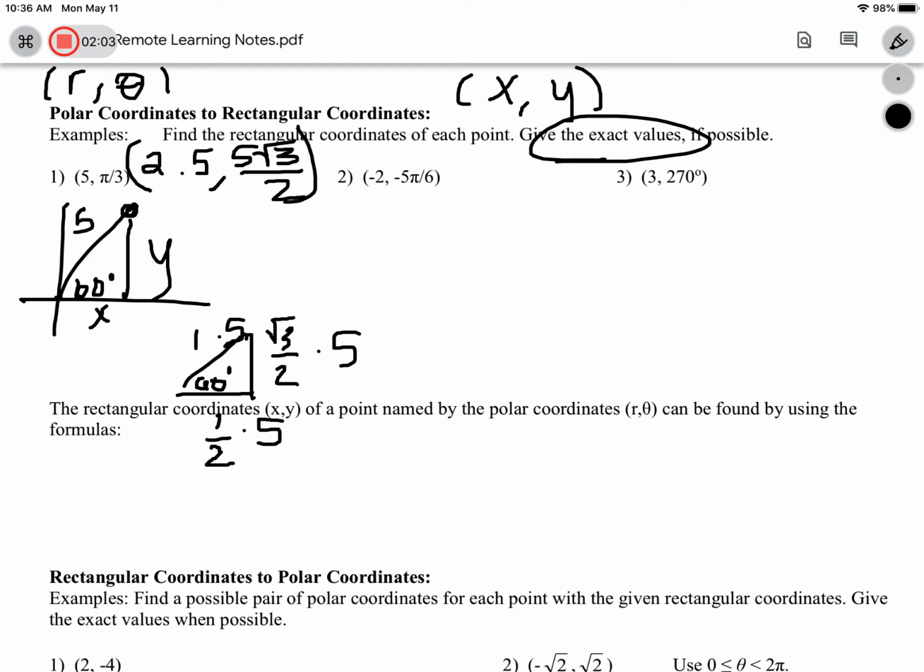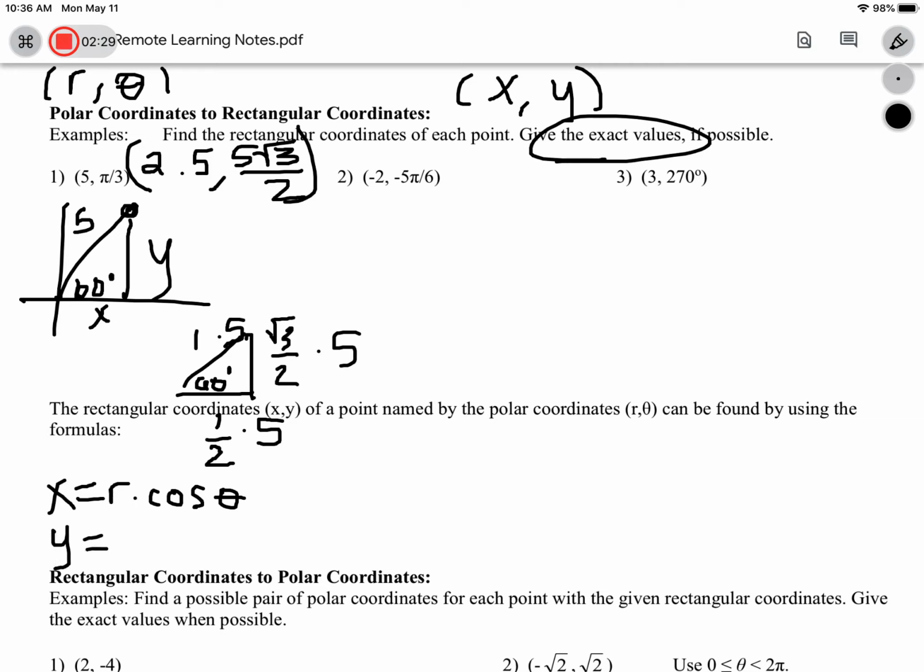Really, what we found is the x value, remember on the unit circle, the x value is the cosine of that angle, and the y value is the sine of that angle. So what you're doing to convert these is, to get the x, you take the cosine of whatever the angle is and multiply it by the radius.